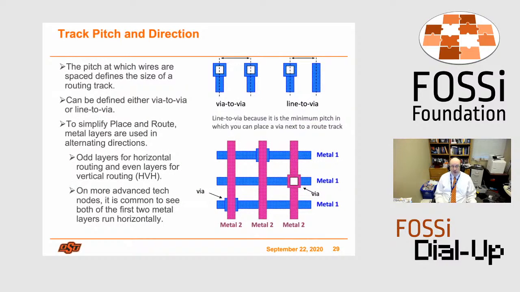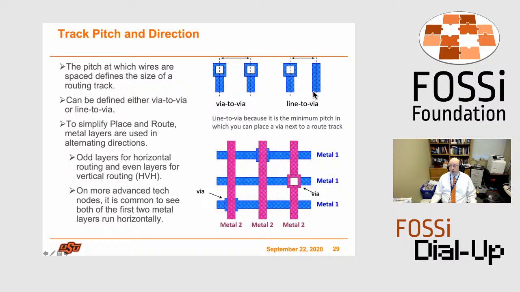So when we're designing our cells, we've designed them according to what the connection is between each contact. You can do 2 things for this, and we define that terminology as a pitch, which is the wires are spaced at different sizes. Now, there's 2 ways of doing that. You can do via to via or line to via.